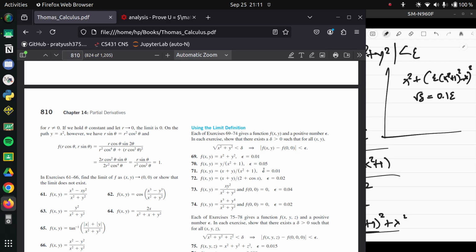If that happens, then delta equals 0.1 epsilon squared. Something like that, right? So x is less than. So for small epsilon, this does make sense. No big deal with that.